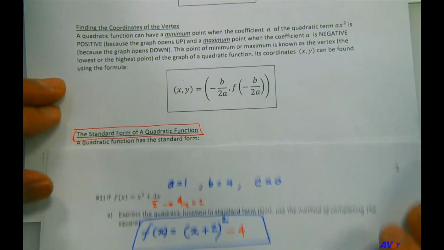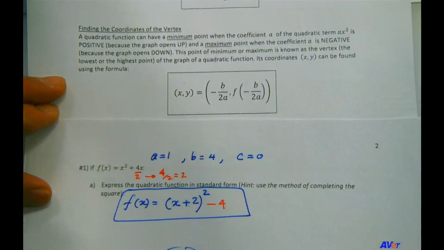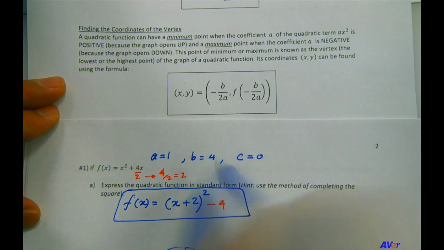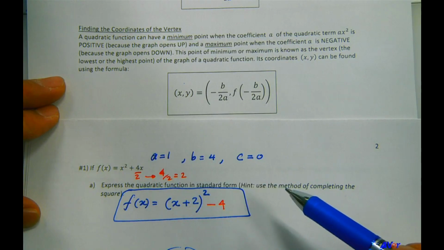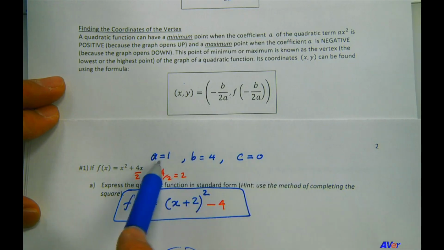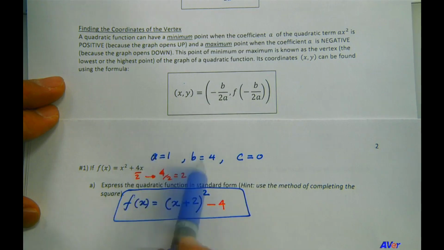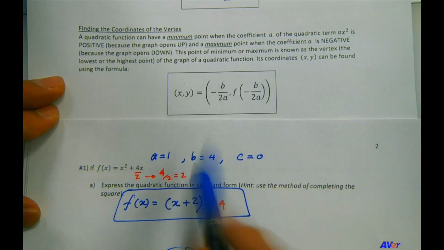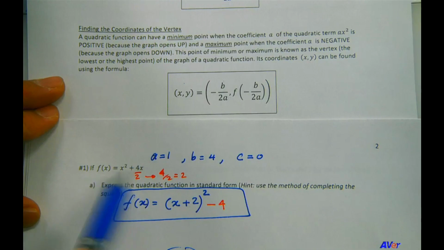If you don't want to complete the square, you have no choice but to apply this formula, which means you're going to need to know B and A, right? So you say minus B over 2A, it's going to give you the X component, then whatever that value, you plug it back into this equation and you find the Y value from it.